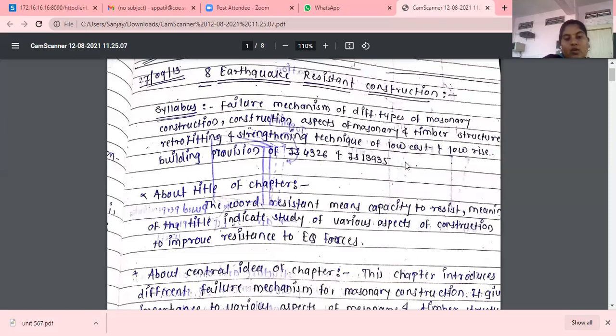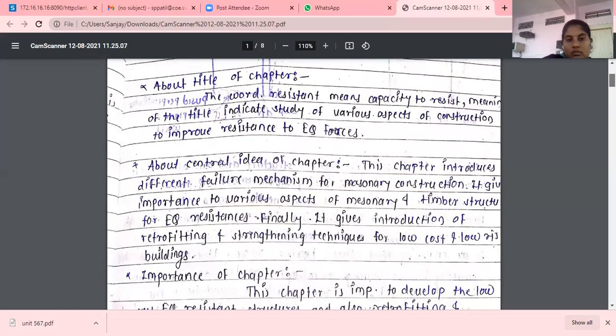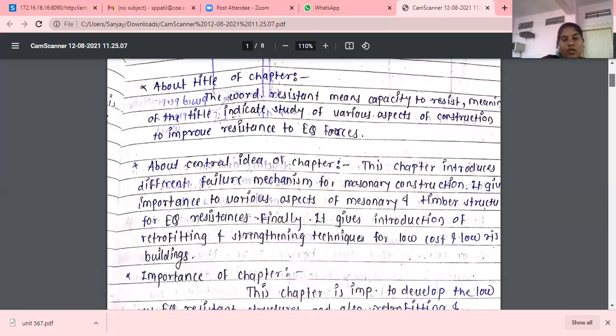Below this, write down about the title of the chapter. The word resist means capacity to resist.